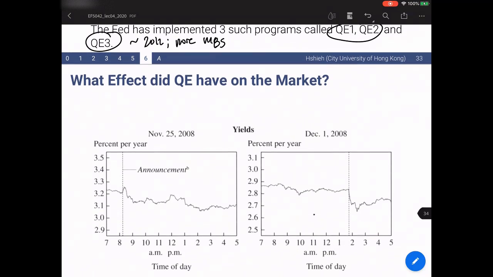All right, so let's look at some event studies to understand the impacts of the announcement of QE on interest rates. What's being shown here on the y-axis is the so-called 10-year treasury yield "on the run."